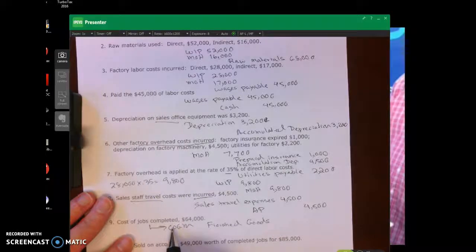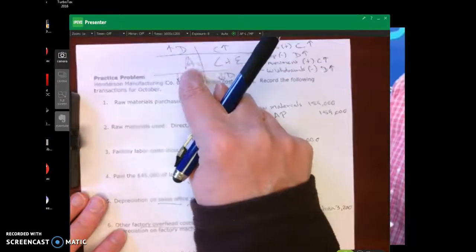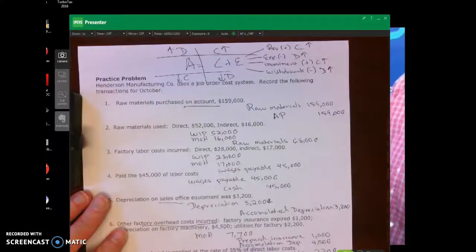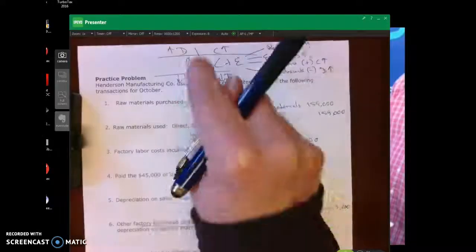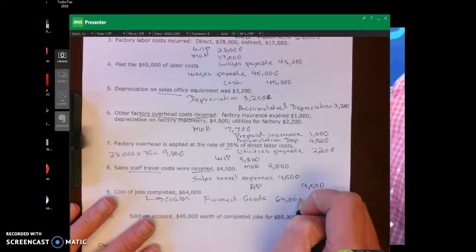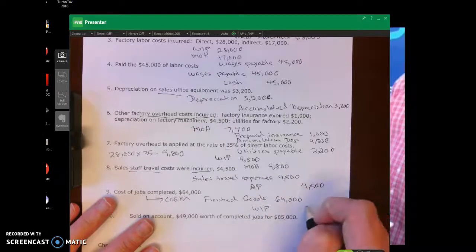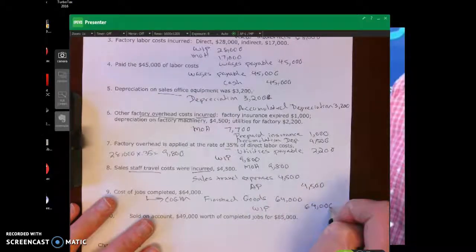Once it's been finished, it moves out of work in process to finished goods. Work in process is an asset account, so work in process will be credited. Finished goods is an asset account, and finished goods is going up, so it will be debited. So it's a debit to finished goods, $64,000. Credit to work in process, which I abbreviate WIP, $64,000.